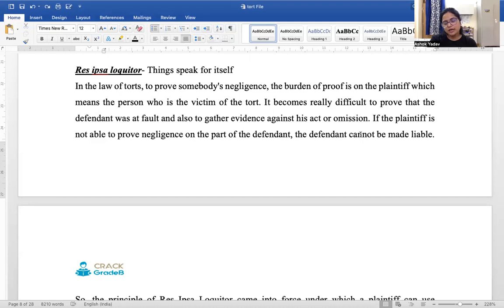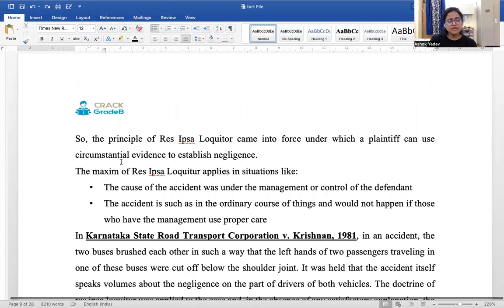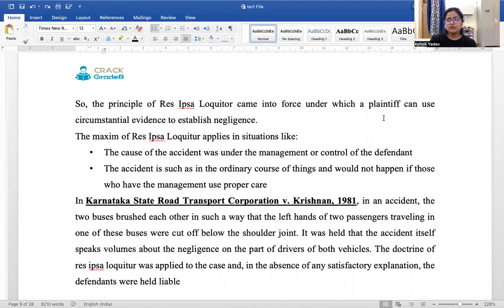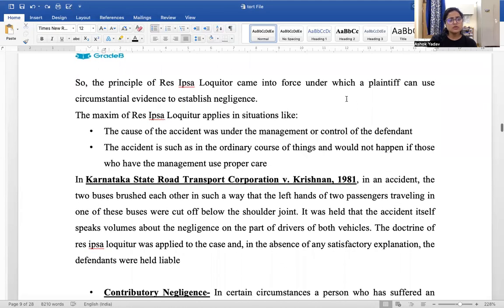Of course, to make anybody liable, you will have to prove that he has done something wrong. Then only you can make him liable, no? So the principle of res ipsa loquitur came into force, under which a plaintiff can use circumstantial evidence to establish negligence, right?